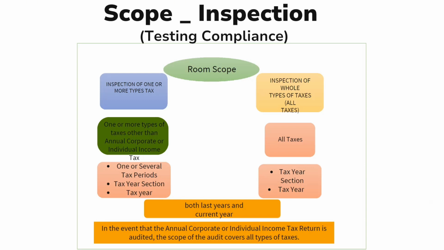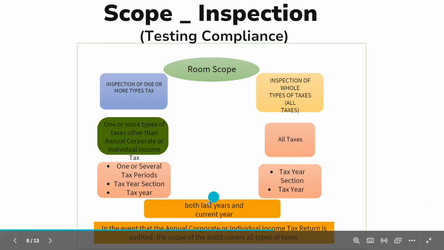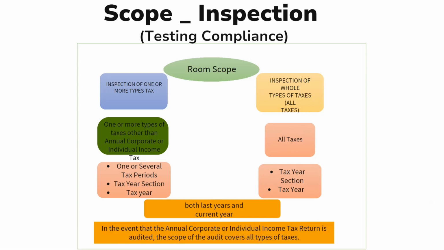And inspection for all types of tax means the scope is all taxes, from income tax, VAT, and more, for tax year sections or tax years, both last year and current year. In the event that the annual corporate or individual income tax return is audited, the scope of the audit covers all types of tax.